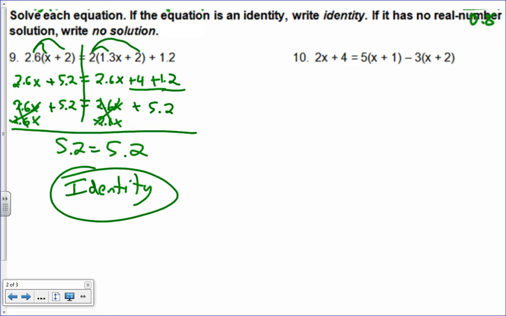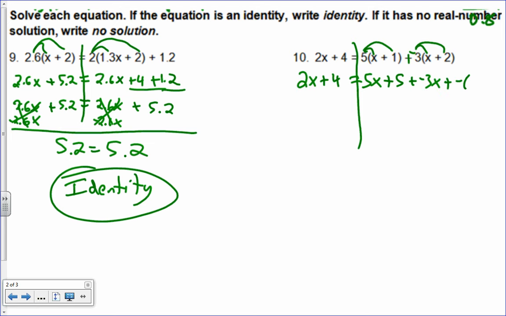So let's see if number 10 is an identity or a no solution situation as well. Looks like we've got distributing twice on the same side of the equation. Changes to plus and negative 3, so we distribute the negative 3. So we have 2x plus 4 equals 5 times x plus 1, that's 5x plus 5, plus negative 3x, plus negative 6.